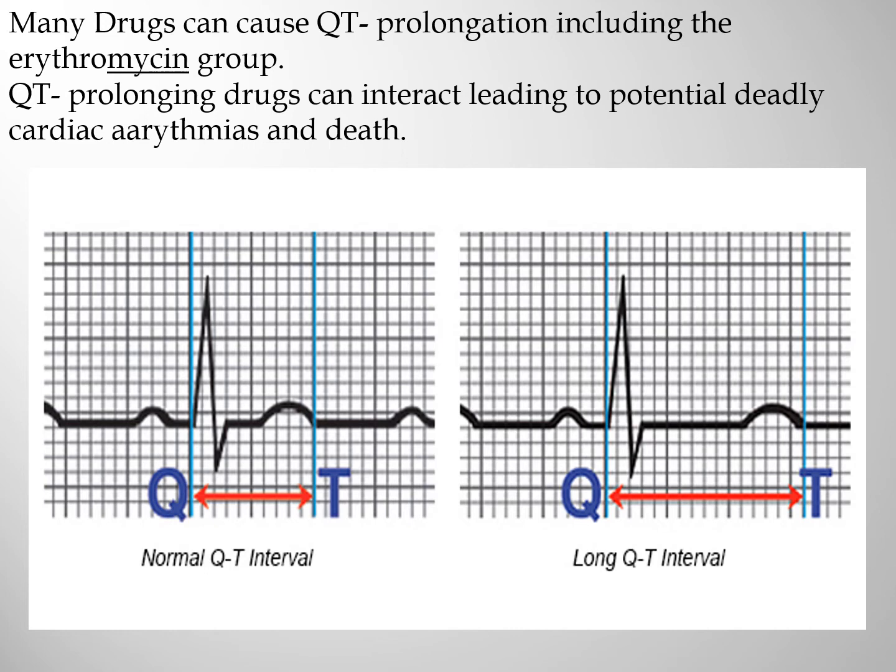We tend to know the common ones, and it really helps to know the common ones because then it will avoid errors in terms of giving another medication that can prolong the QT interval.